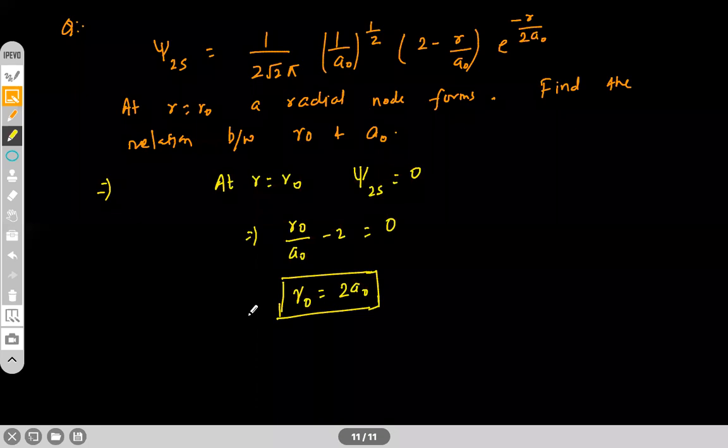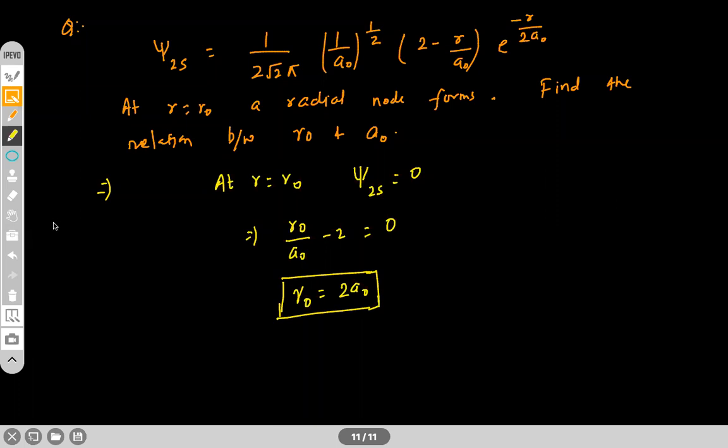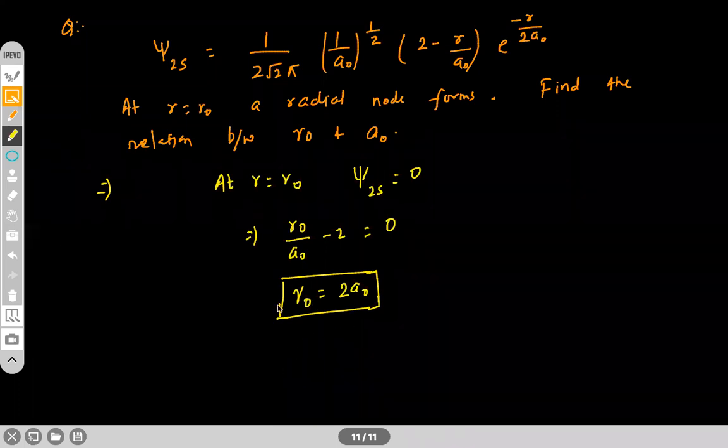Okay. One another thing, this kind of question they haven't asked, but I'm going one step ahead from here. If they ask you, find out the radius where the probability of finding an electron is 0, right? So a naught value, we know it is a Bohr radius, right? We know r is equals to 0.529 n square by z, right?